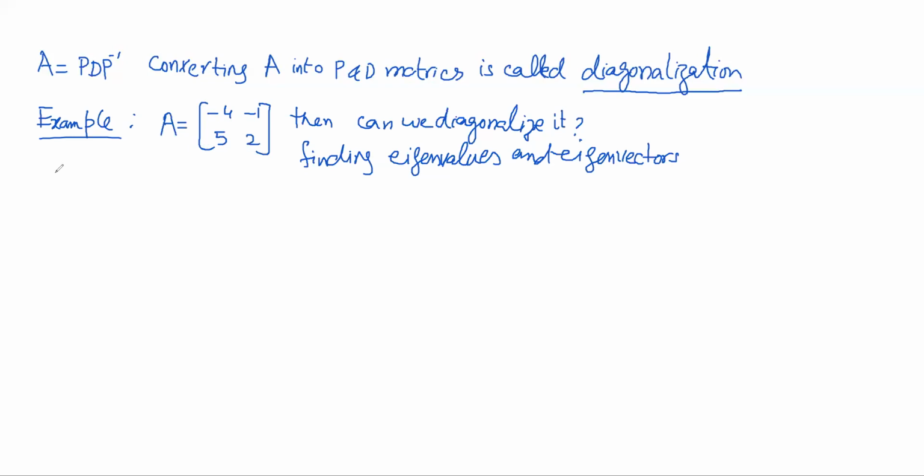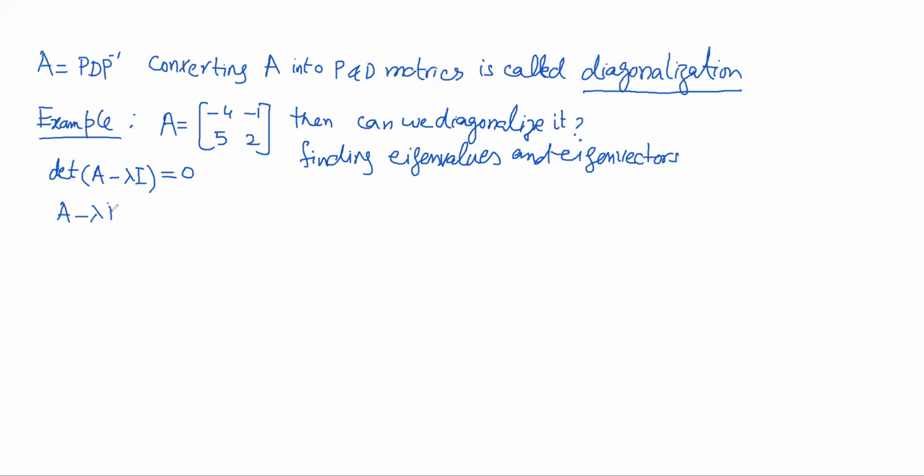If you remember from the last lecture, for finding the eigenvalues, we have the equation determinant of A minus lambda I should be equal to 0, which is called the characteristic equation. So what is A minus lambda I?